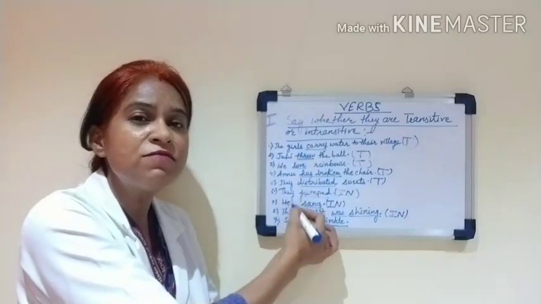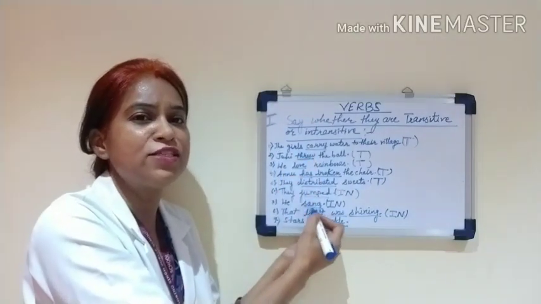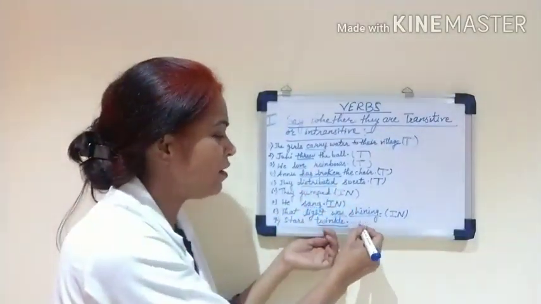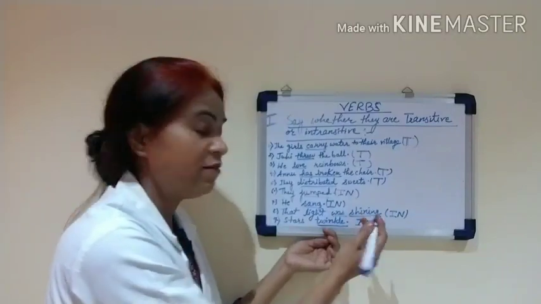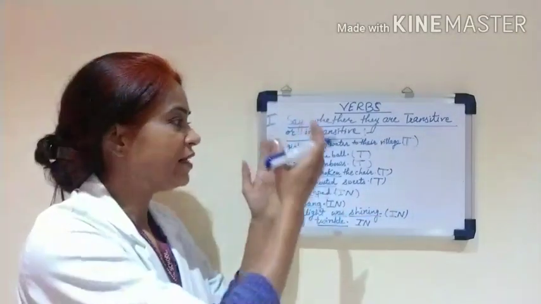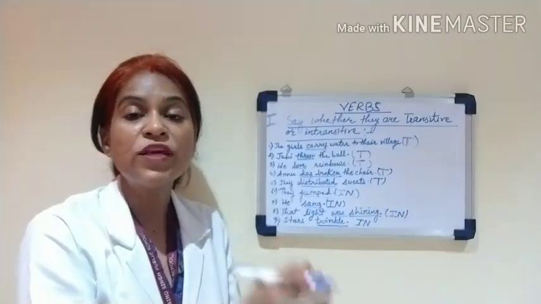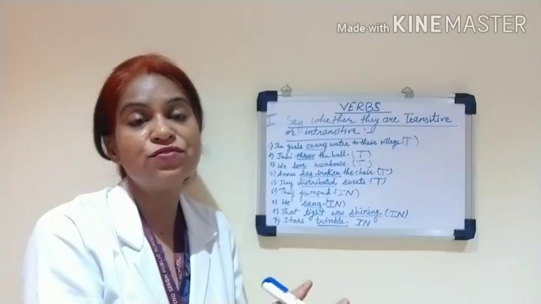None of these verbs require an object for the sentence to make sense. So these are all intransitive verbs. Very interesting. By this, you can easily identify which verb is transitive and which is intransitive.